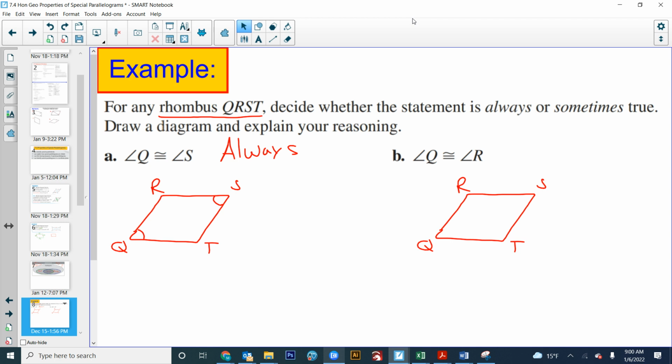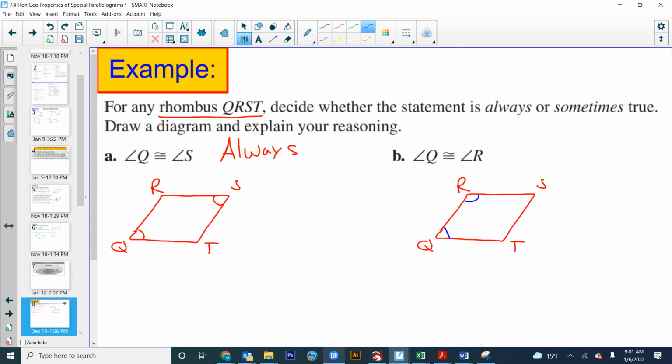All right, here we go. Q is congruent to R. That should bother you at first, okay? Because consecutive angles are always supplementary, so it's a parallelogram, right? But that's not what they said.